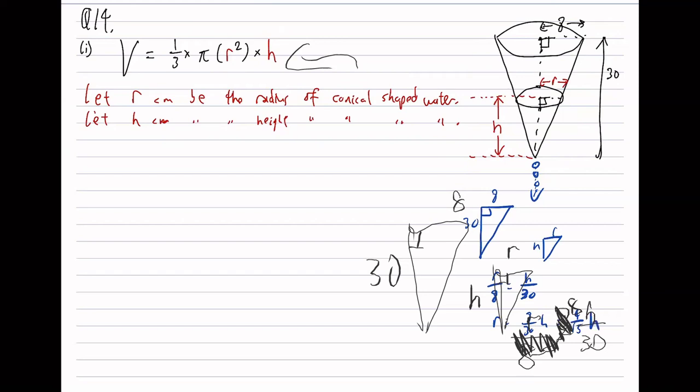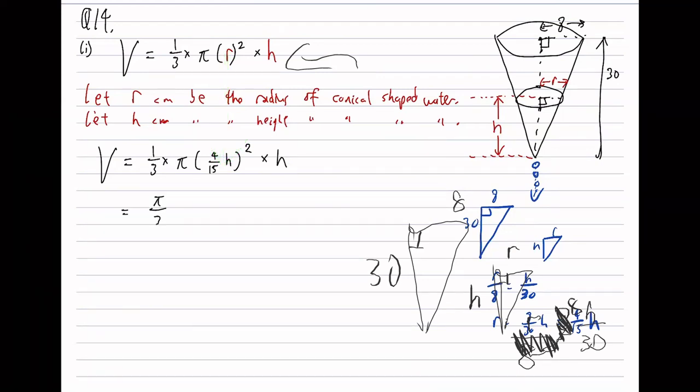Over here we get this, but you replace the r with 4 over 15 h, bracket squared, times h. Maybe I should put the square outside like this. Is the substitution clear?